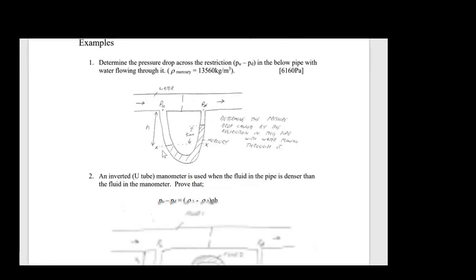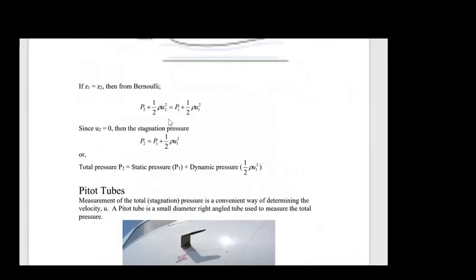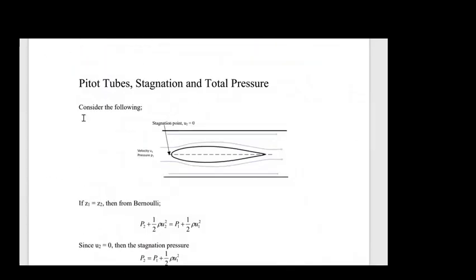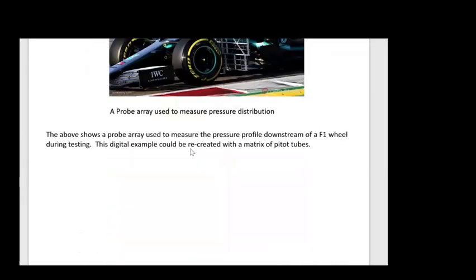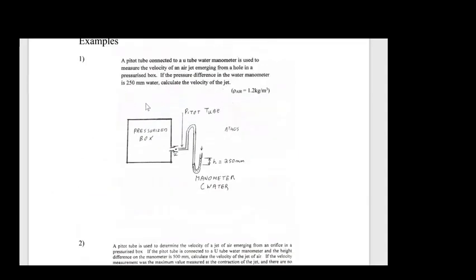So that's the first handout that we've been through today. The second handout that we've been through today is this pitot tube handout. I'll also upload this. It talks a little bit about the theory that we've already discussed. And then at the end of that, again, there are some examples. There are 1, 2, 3, 4 examples there using pitot tubes.